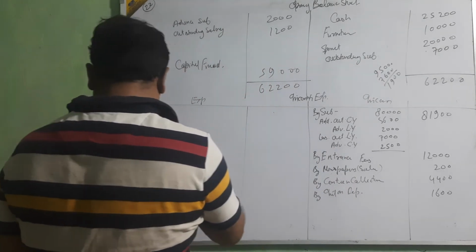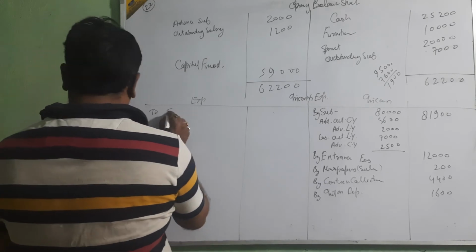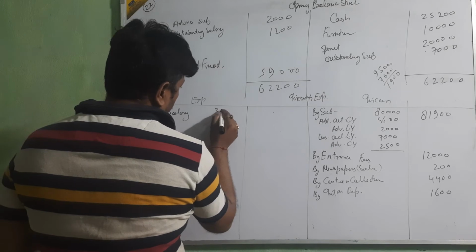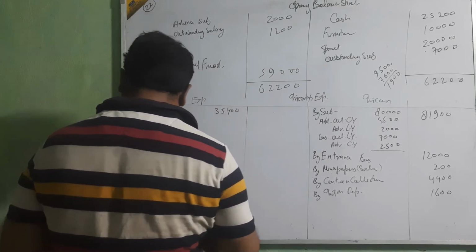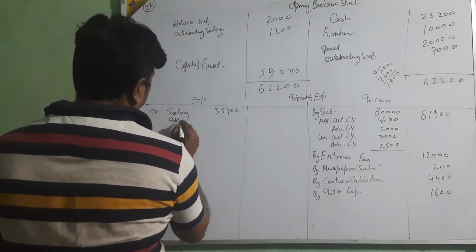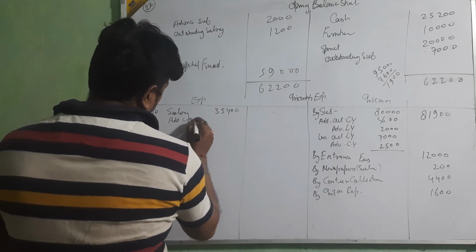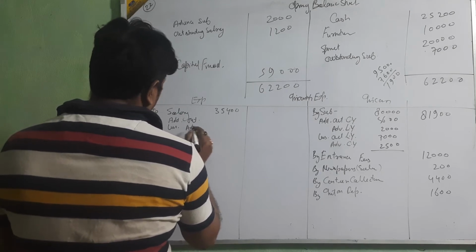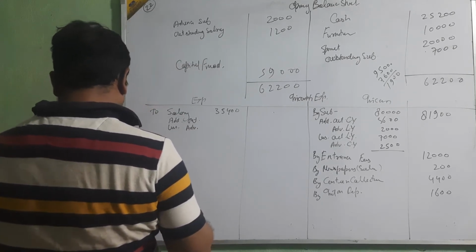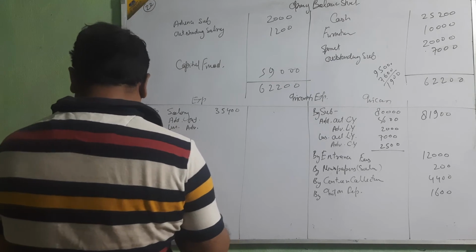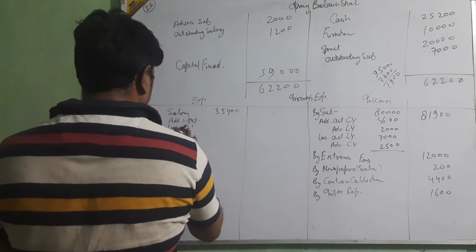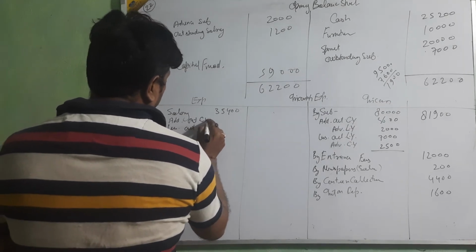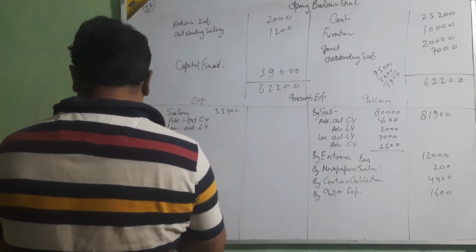To staff salary, adjustment is there, 35,400. Then add outstanding less advance. Okay, then add outstanding, no advance is there, and less outstanding last year.